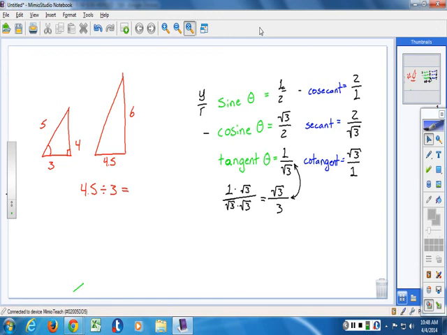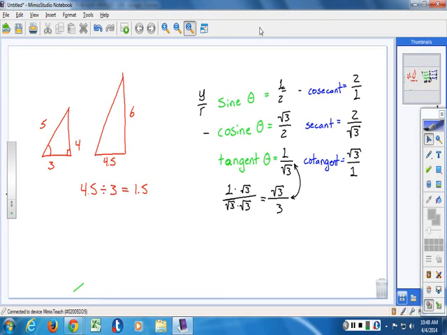Let's take 3 and multiply it by some number to get 4.5. We can backdoor it: 4.5 divided by 3 gives us the number we had to multiply by to get there. And what is that number? 1.5. That means we took 3, made it 1.5 times bigger, and got 4.5.